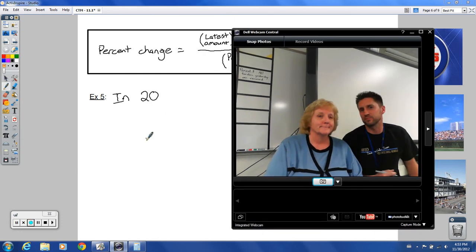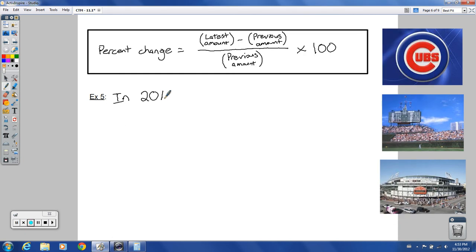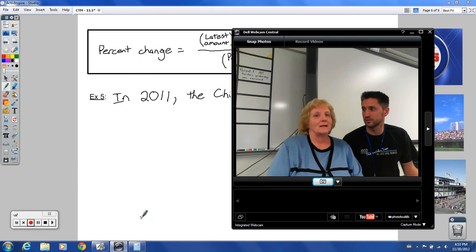In 2010, how many games did the Chicago Cubs win? 71. No, that's how many they won in 2011. Trick question. Haha, I told her earlier that they won that many. Okay, how many did they win in 2012? So in 2011, the Chicago Cubs. You don't know?